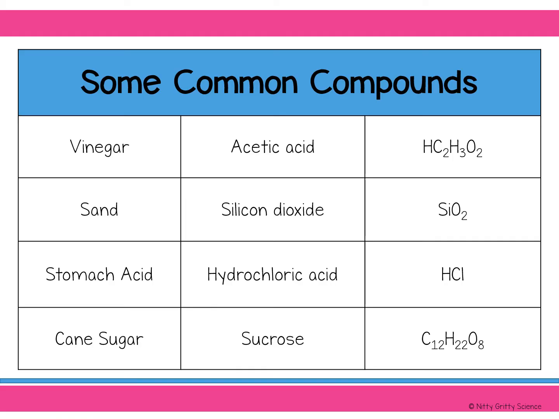If a symbol has no subscript, then the unit contains only one atom of that element. Now, looking back at acetic acid, we can see that there is one atom of hydrogen at the beginning of the chemical formula, 2 atoms of carbon, 3 again of hydrogen, and 2 of oxygen. Why don't you take some time here to determine the chemical formulas for silicon dioxide, hydrochloric acid, and sucrose.